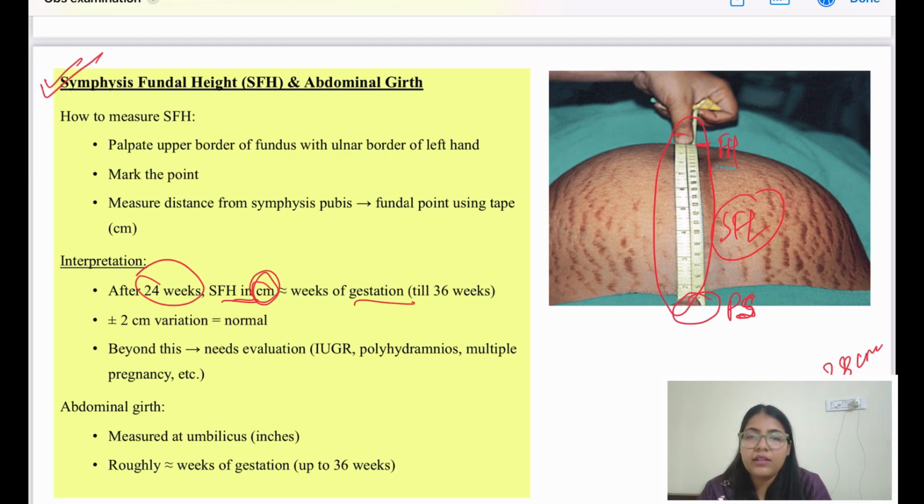Similarly, abdominal girth you take with the help of an inch tape at the level of umbilicus, and it corresponds to period of gestation in inches. And remember, while measuring the abdominal girth, the inch part should be away from you. Means in an inch tape there is a centimeter part on one side, and on the other side there is inch. The measurements are given in inches. So while measuring the abdominal girth, you should always hide the inch part so as to avoid any bias while measuring. Okay.